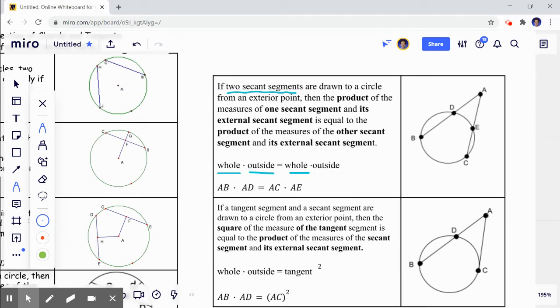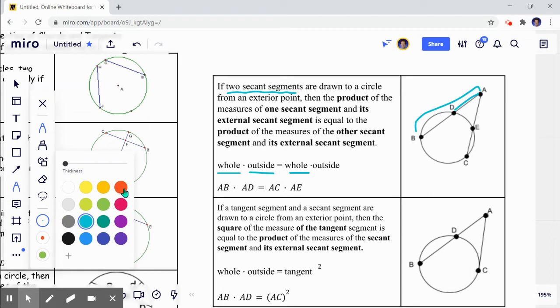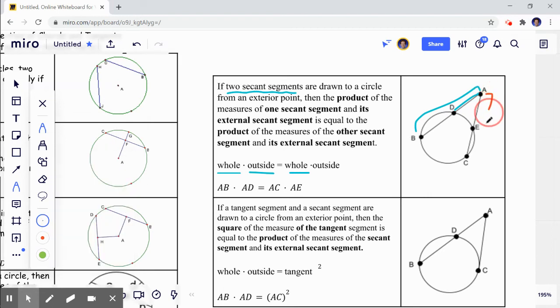If you take the whole segment of one of the secants and multiply it by its outside segment, so in this case, AD would be the outside segment, and then set it equal to the whole length of the other secant, and then multiply it by its outside piece, those should be equal to each other. So this describes best this kind of situation.